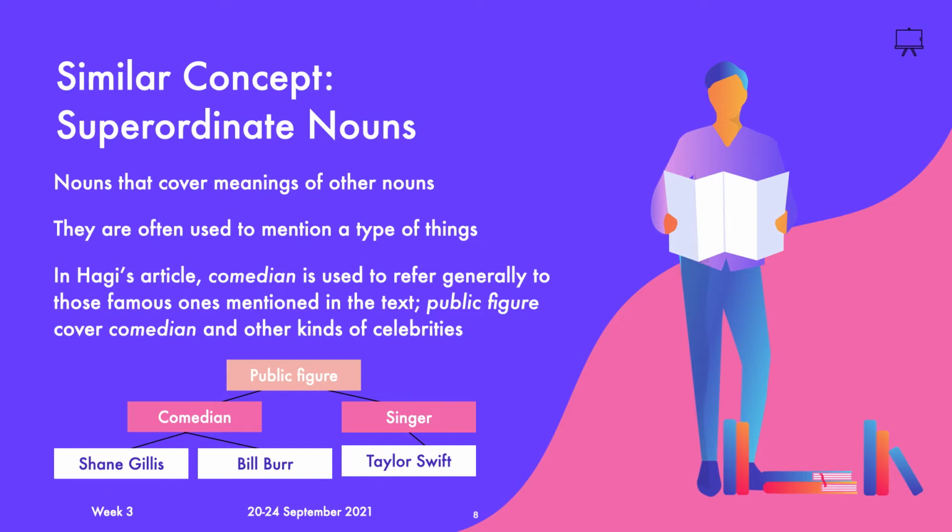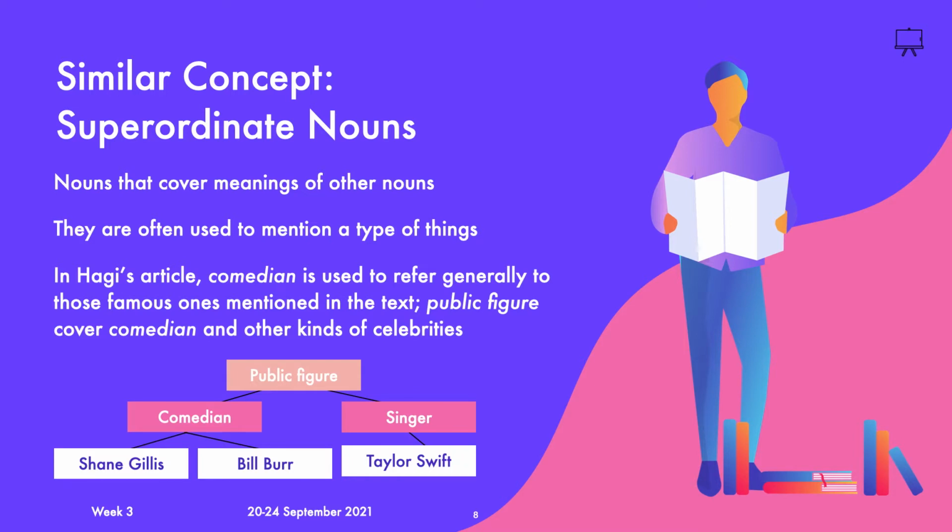And the phrase public figure would cover the term comedian and other kinds of celebrities. So for example, the word public figure would cover comedian and singer and director or KOL, as you may know who they are, right? So this is what we mean by umbrella terms.